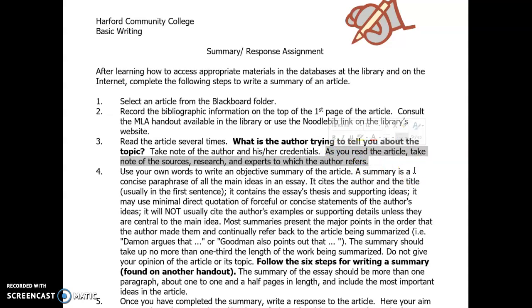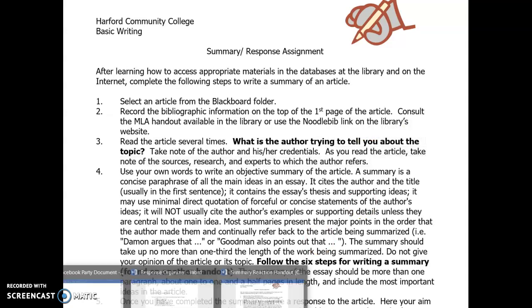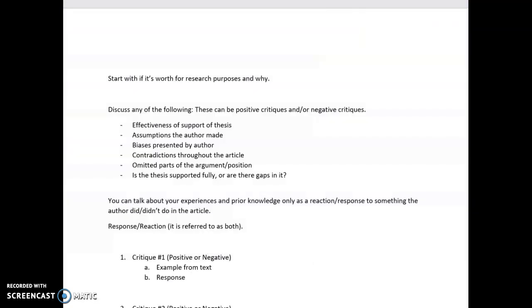Here's where that's going to come into play. You're going to start off with a sentence that says if this article is worthy for research purposes and why. And then you're going to discuss what the author did well or did not do so well in the rest of the article.